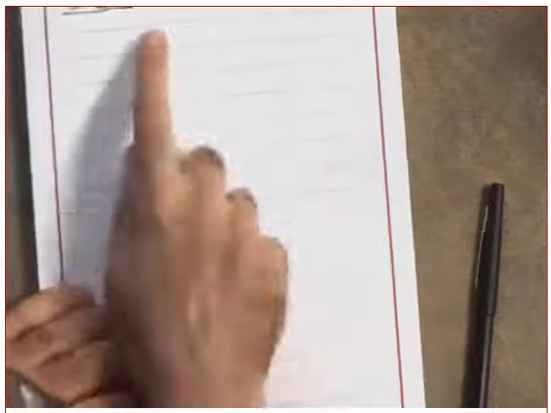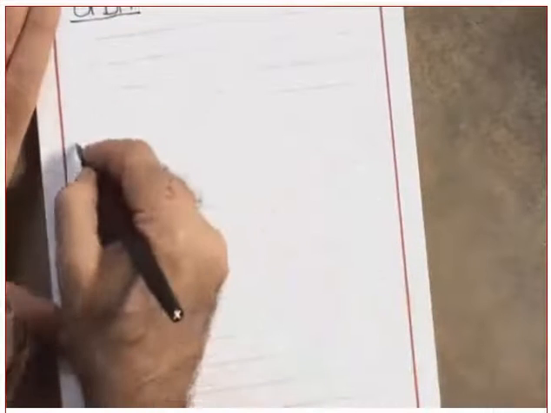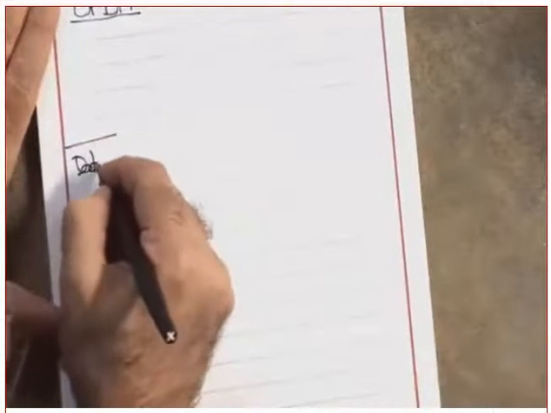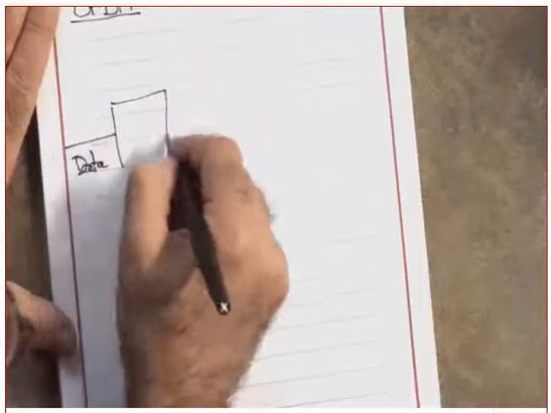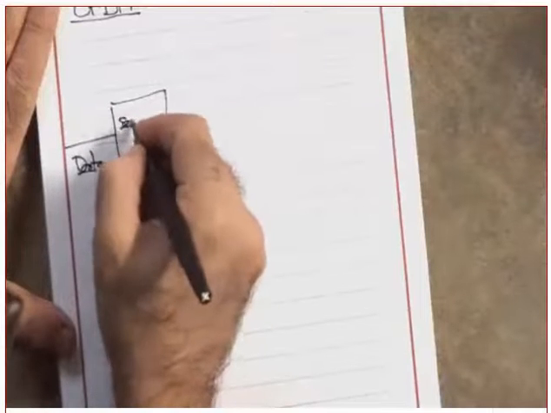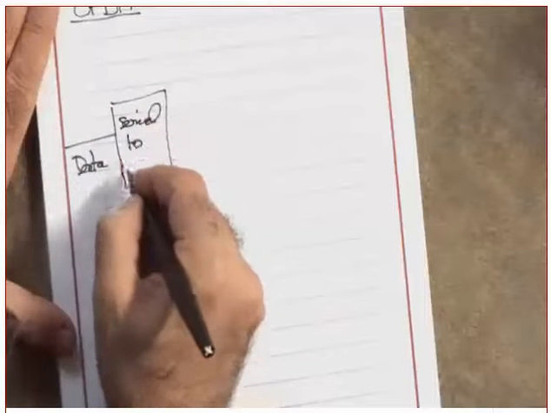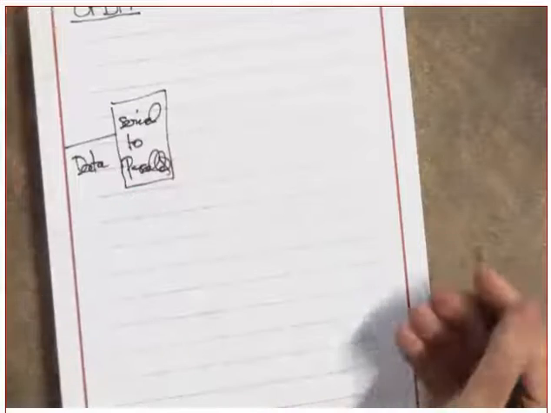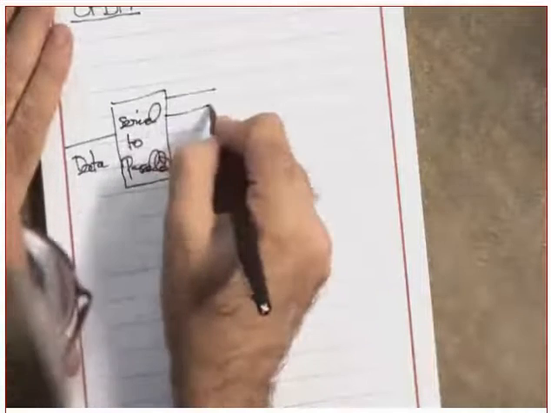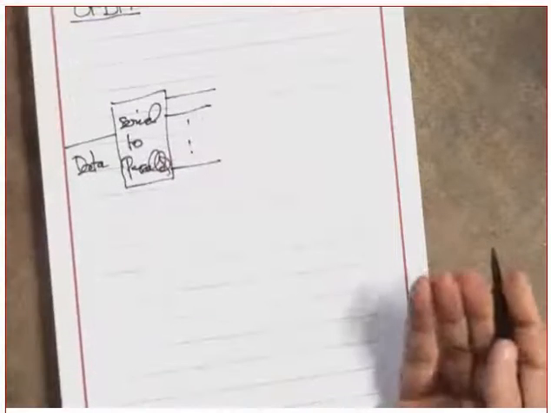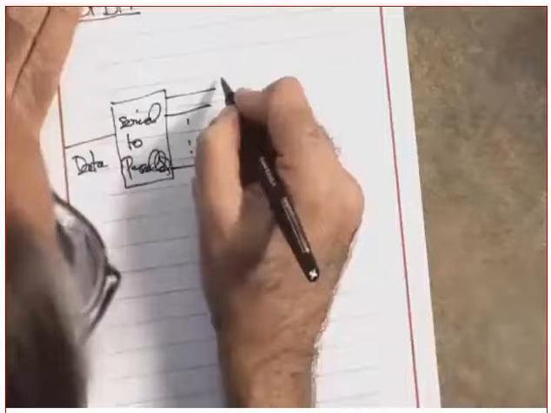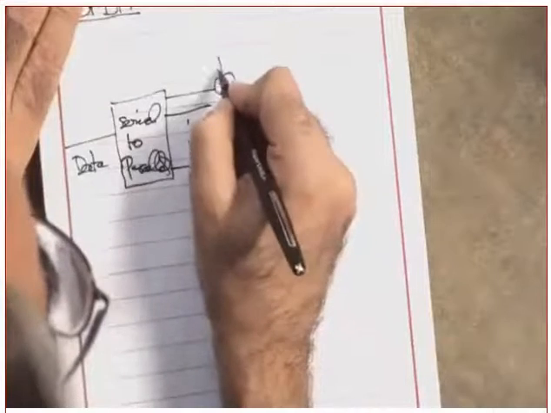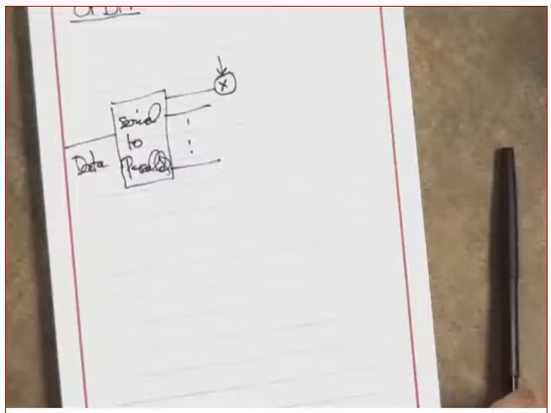Clear? They modulate, so they took the data, this is the data, and they take it into serial to parallel. Are you following me or not? And for each one of them, they modulate a cosine and a sine.